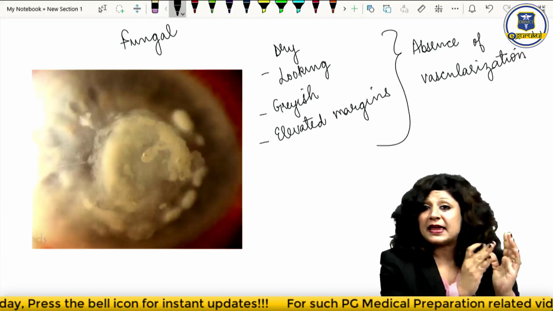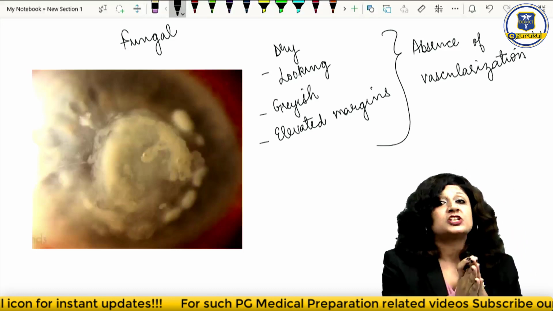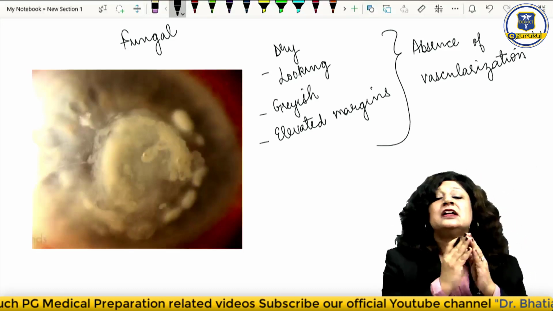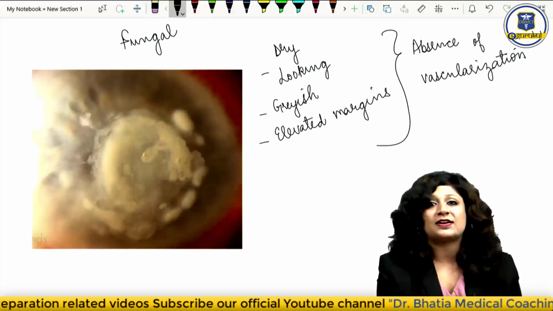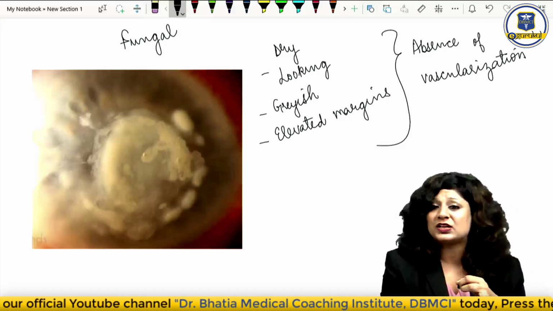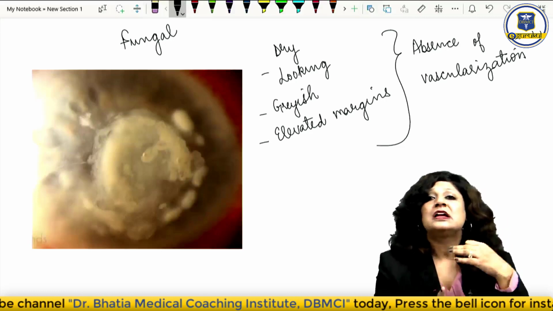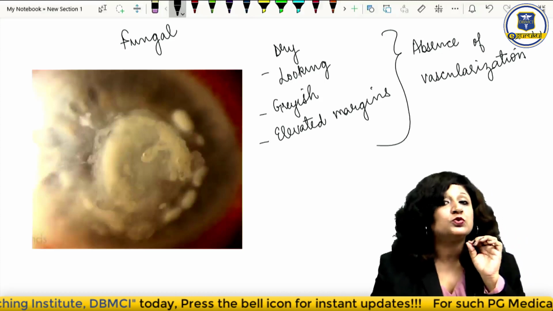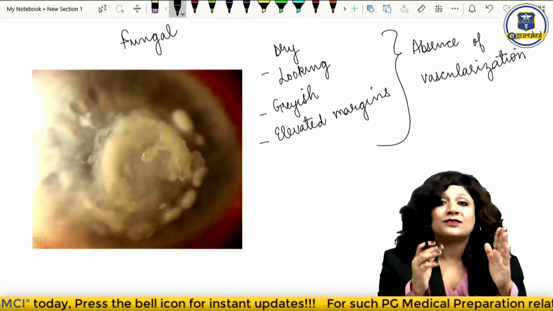Now, while pain, photophobia, congestion, all the important features of the bacterial corneal ulcer, were taking place due to vascularization, on the other hand, dry looking, grayish in color, elevated margins are features of the fungal corneal ulcers where you do not have vascularization.